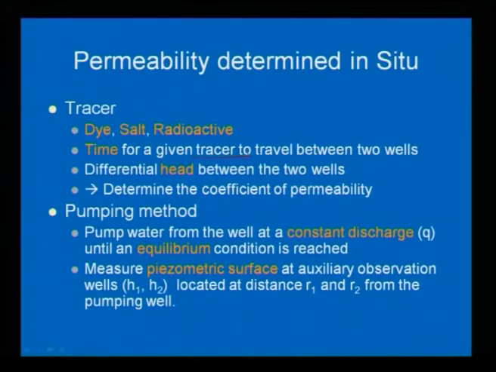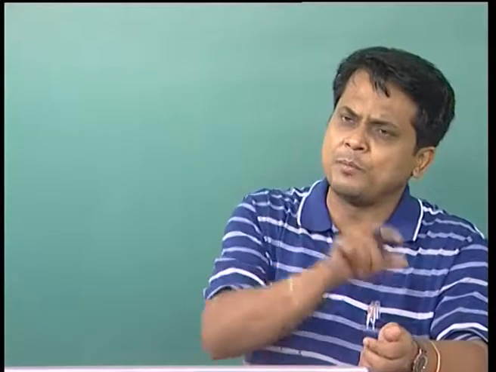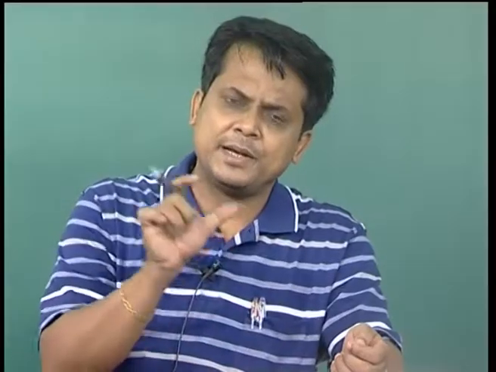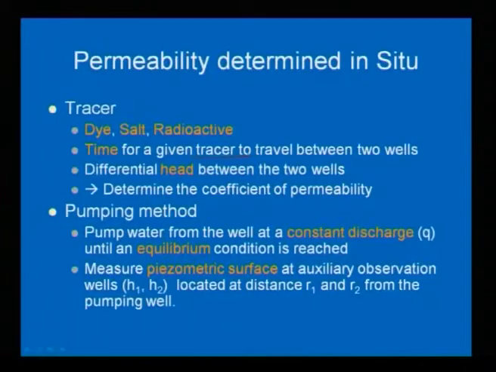Tracers flow along with the water from one point to another. It is very difficult to trace how much water flows, but tracers you can easily follow, whether dye, salt or radioactive material. This is called the method of tracer.